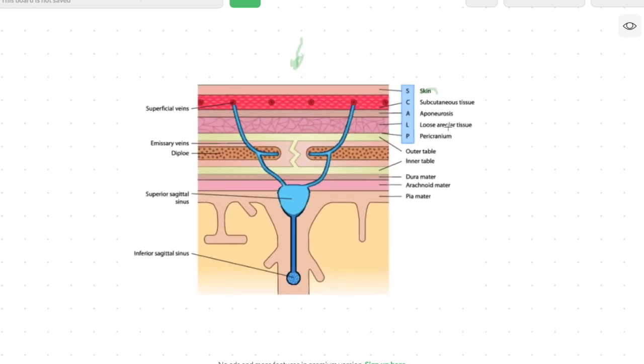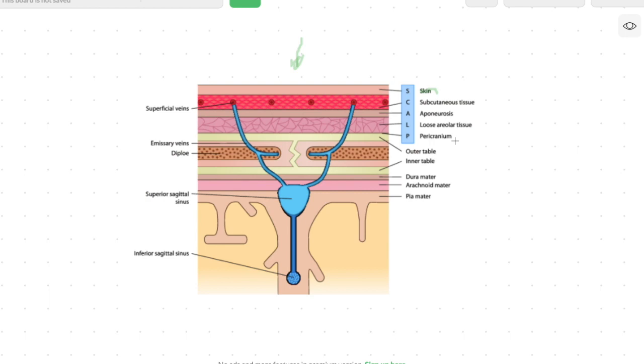The last layer is your pericranium, or you can say your periosteum, the outer layer of the skull bones. It becomes continuous with your endosteum at your suture lines.